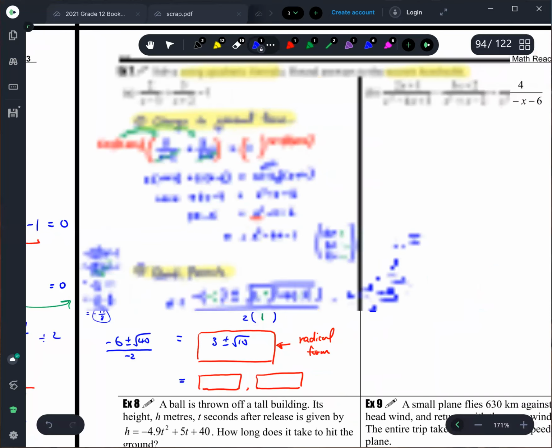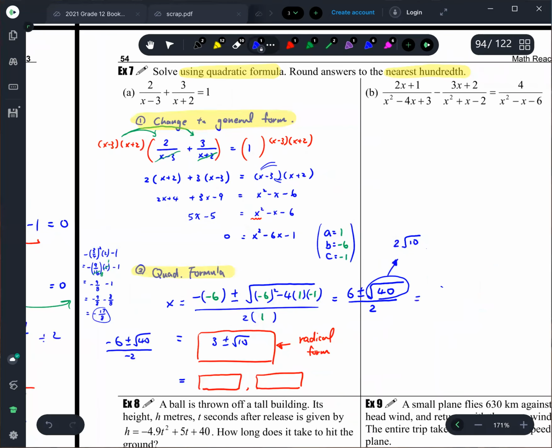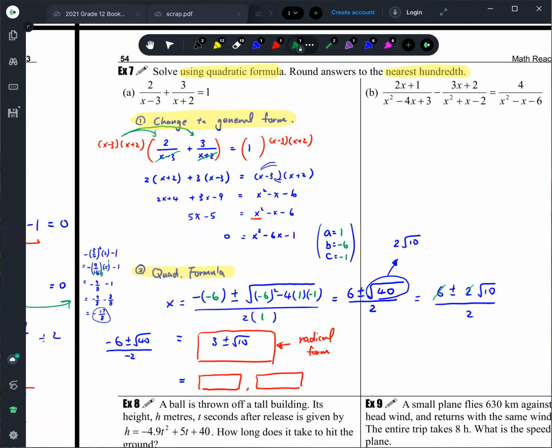So it becomes 6 plus minus 2 square root 10 over 2. Then both the 6 and the 2 can be divided by the 2 in the denominator. So it makes it 1, 1, and 3. That's why you end up with 3 plus minus square root 10.